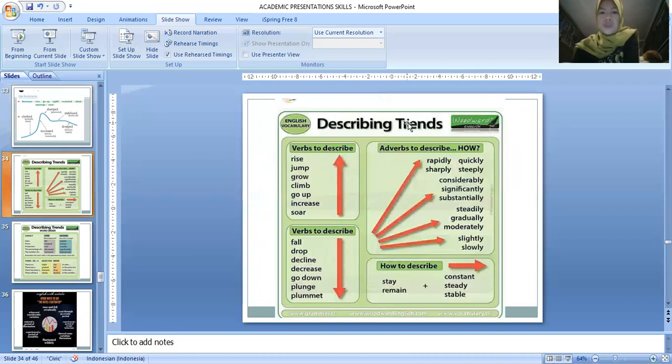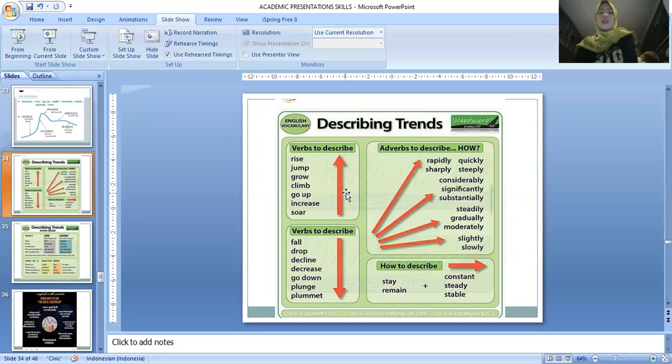And then these are also the words, the phrases that you can use to describe the trends or the patterns. Verbs to describe the increase, for example, like rise, jump, grow, climb, go up, increase, and soar.